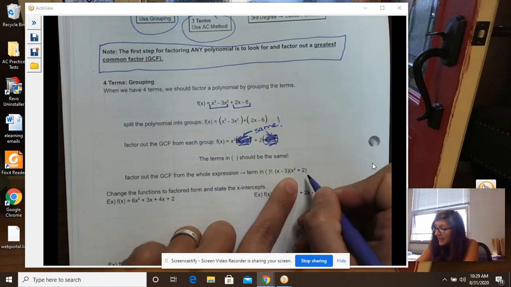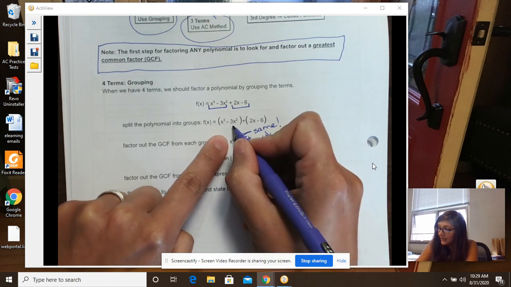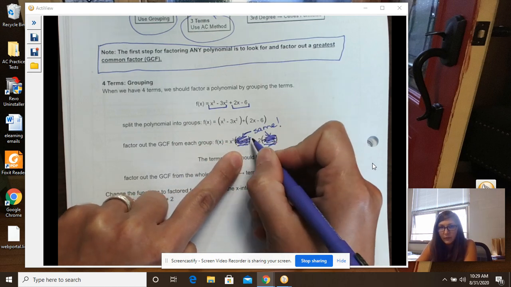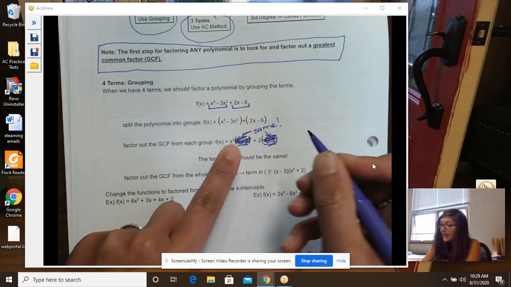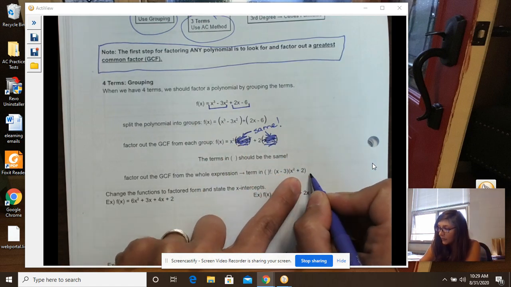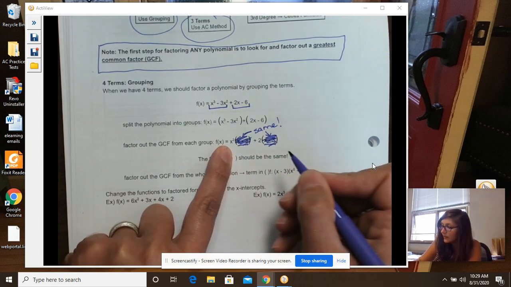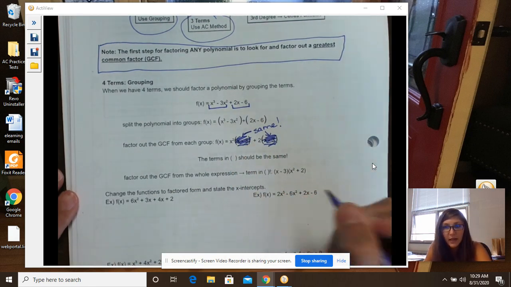Here's purple blob, and then write what's left over, just like we did here. So we factored out x squared as a GCF and wrote what was left over. We factored out 2 as a GCF and wrote what was left over. Now we factor out this thing in parentheses as a GCF and write what's left over. So left over, I would have x squared plus 2. Okay, and that's our factored polynomial.